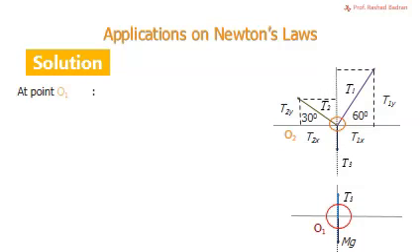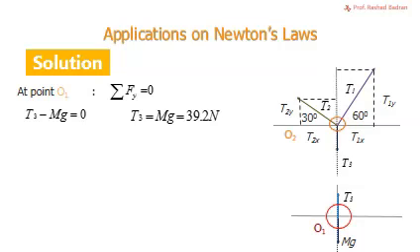Now, at point O1, as the system is in static equilibrium, the resultant force along the y-axis equals 0, and the forces that contribute in this sum are T3 upward and mg downward. In this case, we have T3 equal 39.2 because the mass of the object is given as 4 kilograms, and multiplying that by g, the acceleration due to gravity, you get this answer.